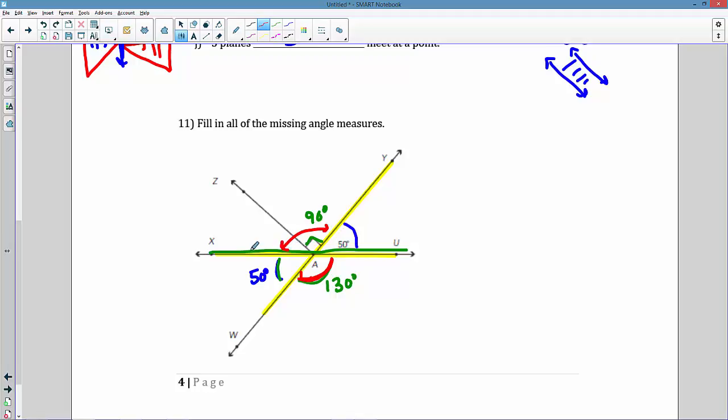It's just with the big angle. So we would say X, A, Y. That angle is vertical with W, A, U. So you know that this has to add up to 130. So what would make 130? 40 degrees. That's one way to do it. You could also do what I did earlier, just say 90 plus blank plus 50 equals 180, and that would also make 40. So there's a lot of different ways to fill in the missing angles.